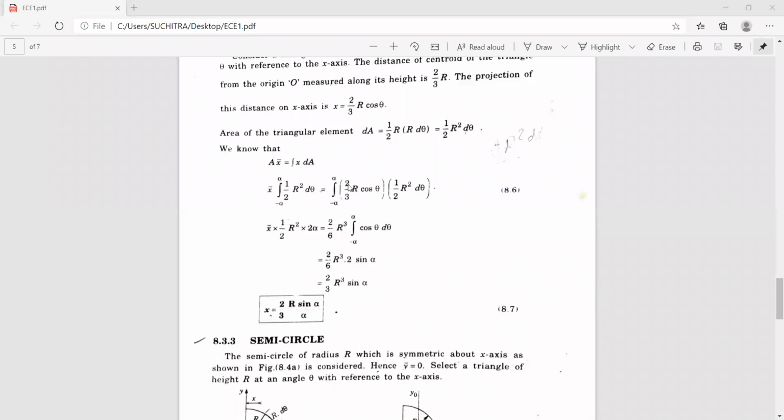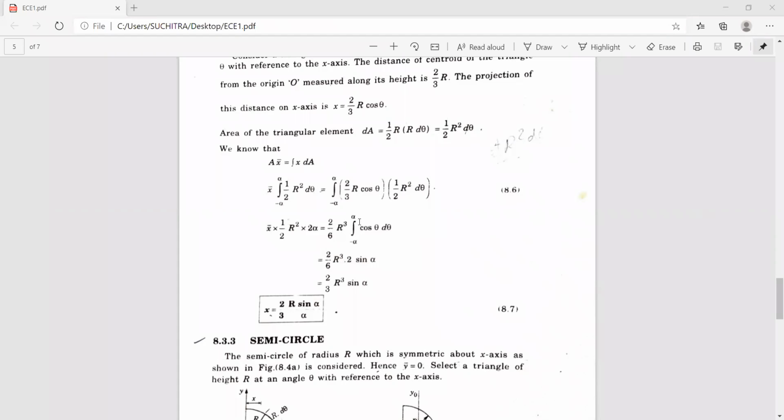On the right hand side, you can take out 2/6 r cube outside because we have to integrate cos theta d theta, with the limits of integration minus alpha to plus alpha. If you integrate cos theta, it becomes sin theta.